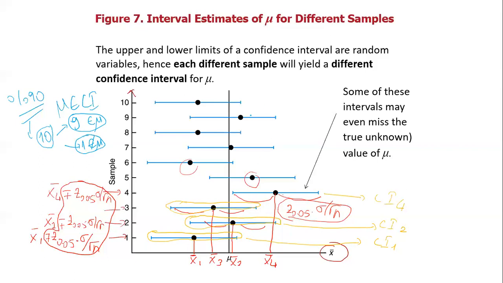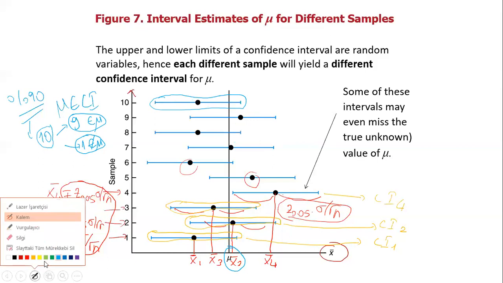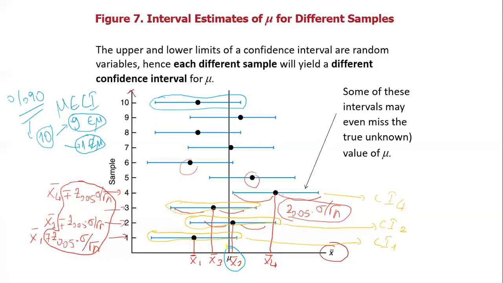So if you check here, look at this one. This is the confidence interval constructed by the X bar of the 10th class. Does it include the real parameter mu? Where is the real parameter mu? It's here. This is my parameter mu. So does it include mu? Yes, this one includes mu.